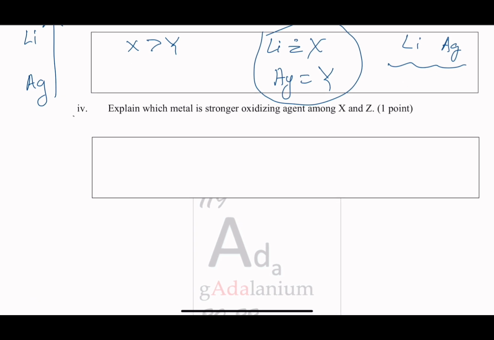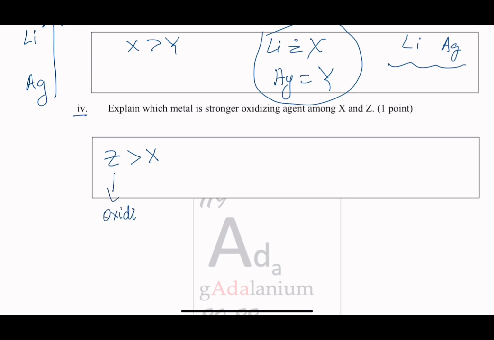Now the fourth question: explain which metal is the stronger oxidizing agent. The oxidizing agent has to be the one that gets reduced, right? We know that X is less reactive than Z. That means Z will oxidize.